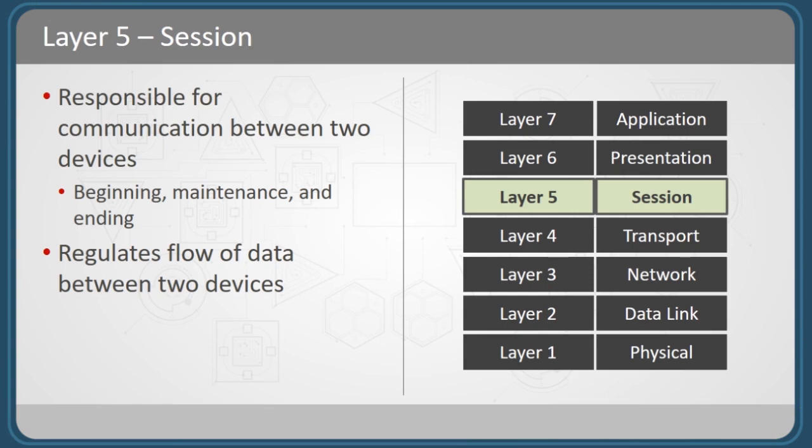So the beginning is certainly establishing the connection, but maybe at some point during our conversation, one of us will get cut off or will lose signal. Well, we know that somebody should try to call the other person back. That's the maintenance. And then once we have both said goodbye and the conversation is over, we know that we can hang up. We should not just leave the phone sitting there still connected. So that's the ending. So it's the overall communication, all aspects from beginning to end, that represents the session.